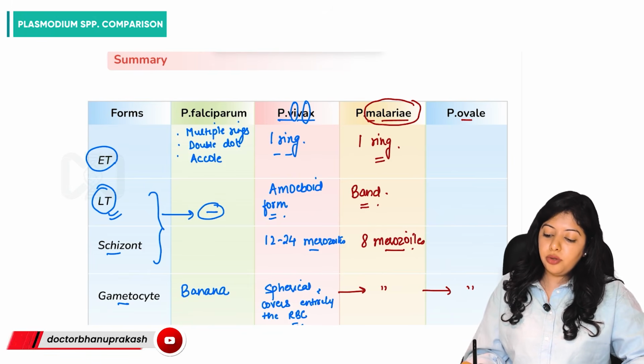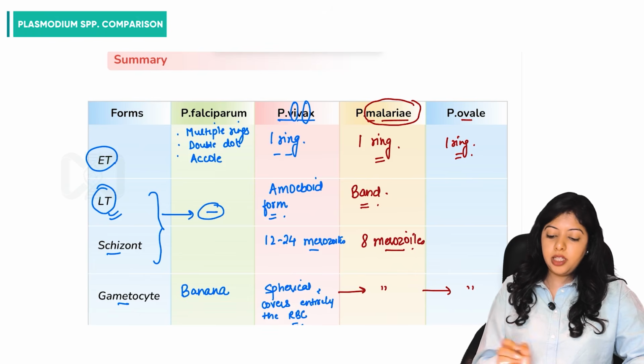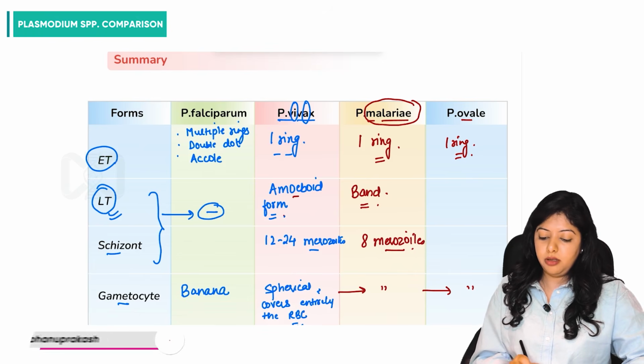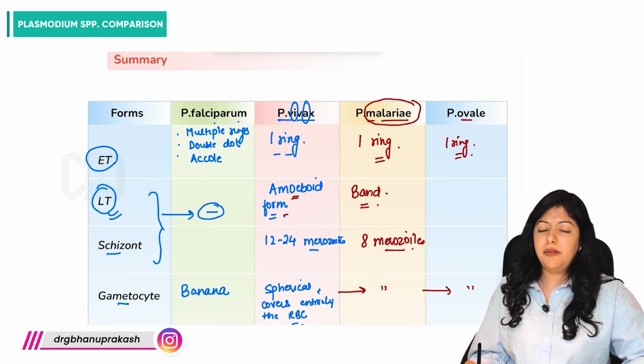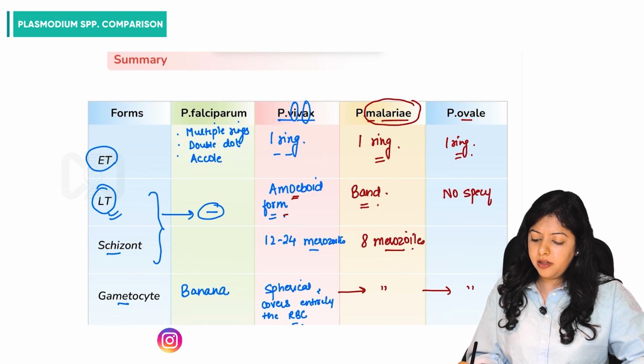Ovale is also going to show one ring. Late trophozoite is similar to the normal amoeboid form. It will have a similar pattern. There's no difference, no specific variation.